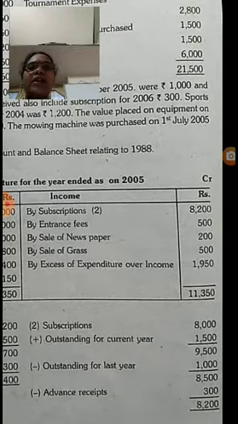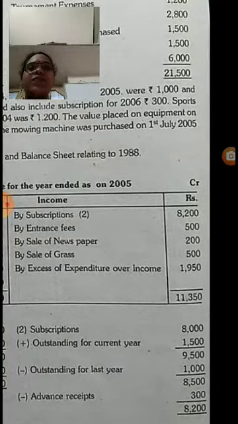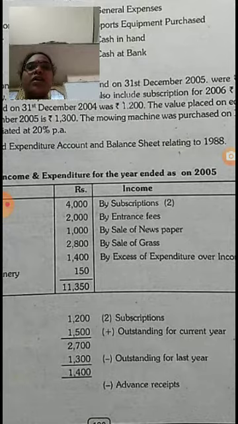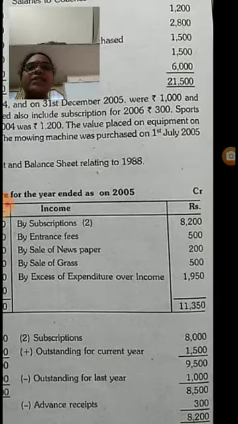Entrance fees is 500. Sale of newspaper 200. By sale of grass, that is 500. By excess of expenditure over income, that is 1950. So here debits are more than credits, means expenditure is more than income. That is why we got excess of expenditure over income, that is 1950.